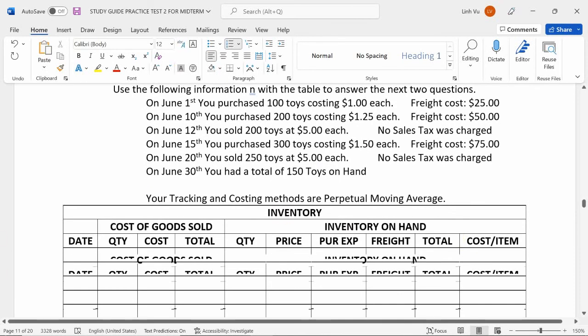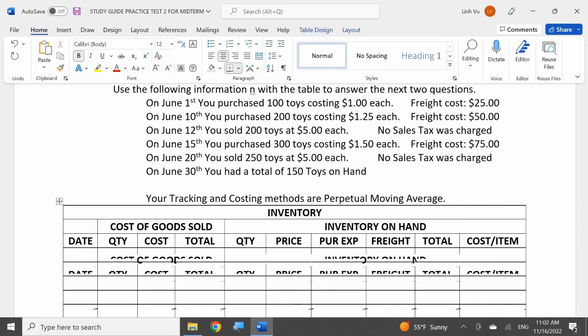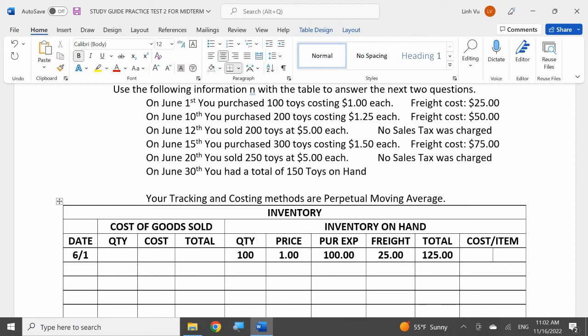So once again, June 1st, you purchase a total of 100 units at $1 each with a freight of 25. So therefore, that should give you 125, which in this case, your current average cost per item is $1.25.